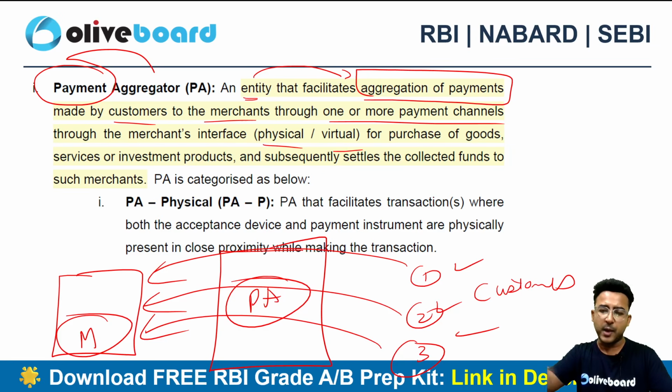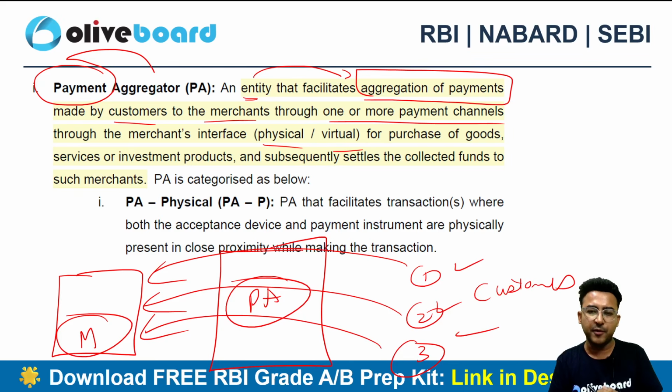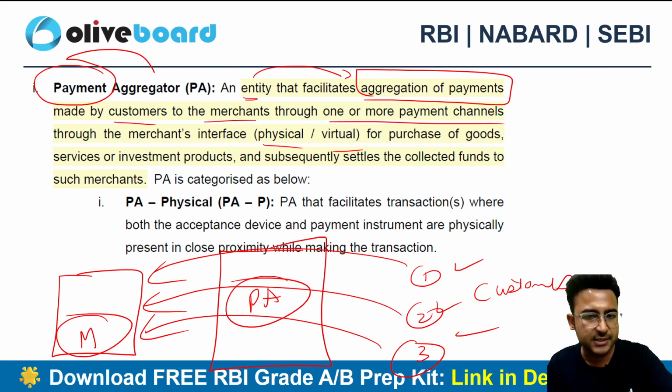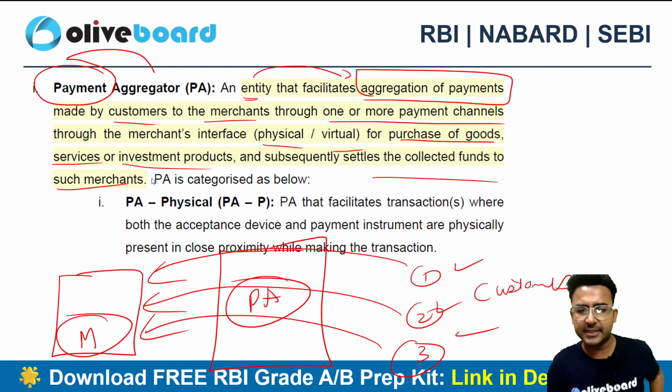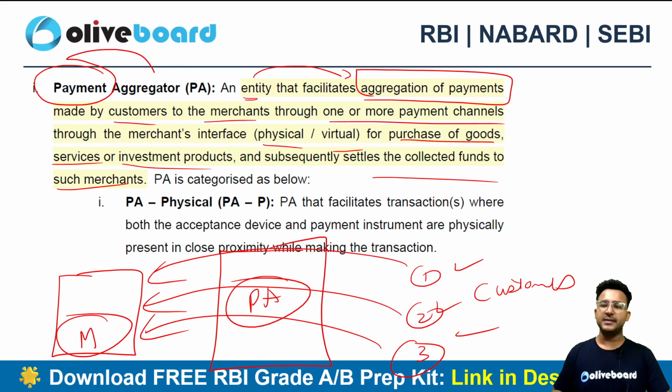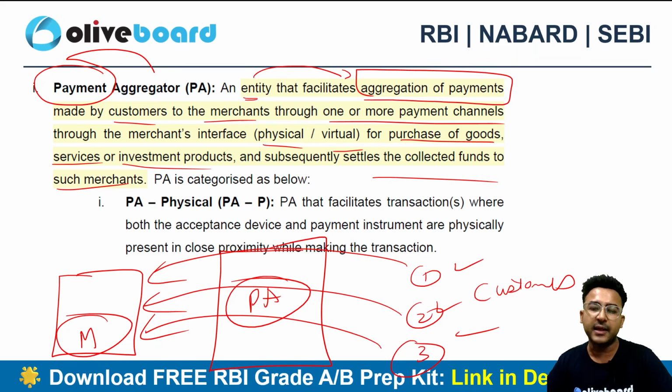Maybe a customer is swiping the card, or making an online payment using any platform, using any banking service, for the purchase of goods, services or any kind of investment product, and subsequently settles the collected funds to such merchants, right? So basically it's a settlement process, and payment aggregators are a crucial part of it. They are aggregating all the payments that the customers are making to the merchant, and that's the main purpose.